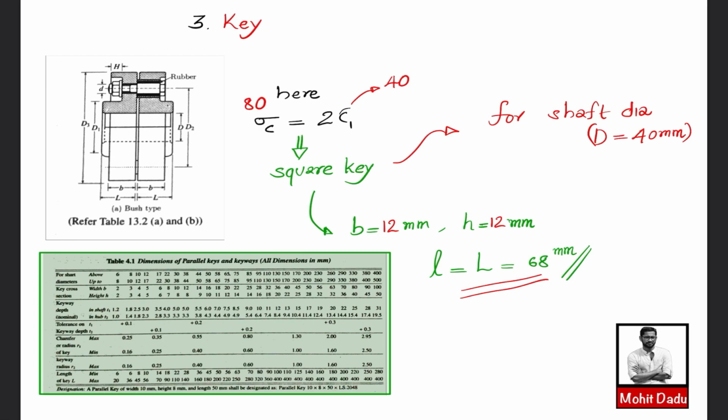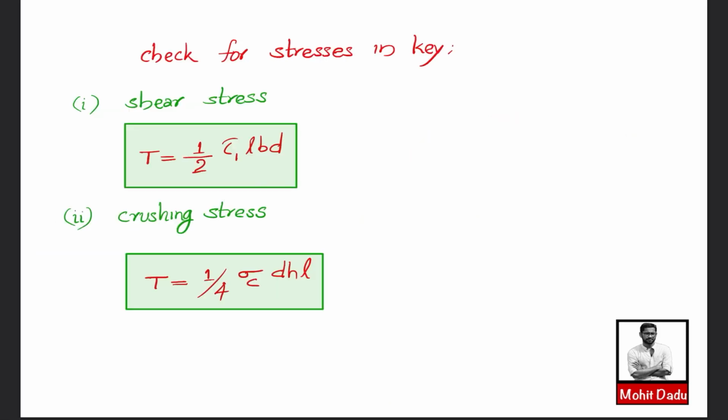Now we have evaluated the dimensions. Next we will be checking the different stresses induced and verifying whether it is safe or not. For checking the stresses in the key, we know the failure of the key occurs in two ways. One is due to the shear stress and another is due to the crushing stress. You know these equations. We have the torque, the length, the b size 12 mm and the diameter of the shaft, everything.